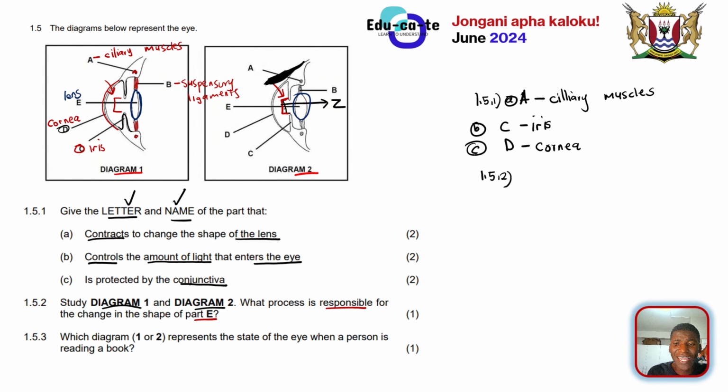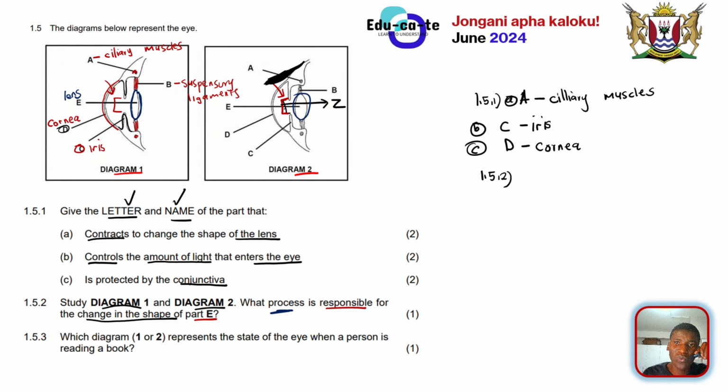So basically when the lens is coming from being smaller to being bigger, it means that you are now looking at something that is closer to you, because remember that when you're looking at something closer, your lens becomes bigger, or more convex, bulgy, more rounded. All of those terms, you can use them. And this process that is happening is known as accommodation, the process whereby the lens, or part E, changes its shape so that you can see objects that are closer to you.